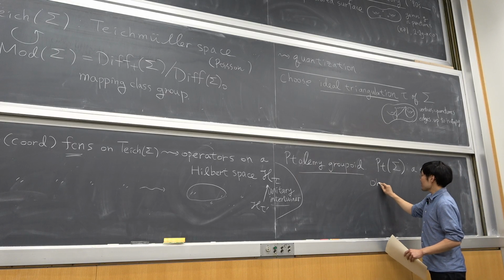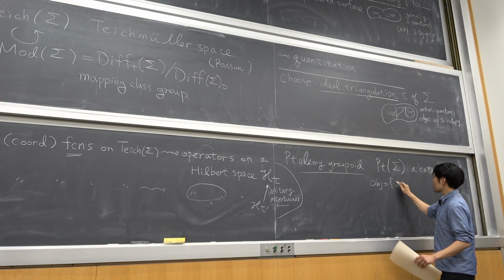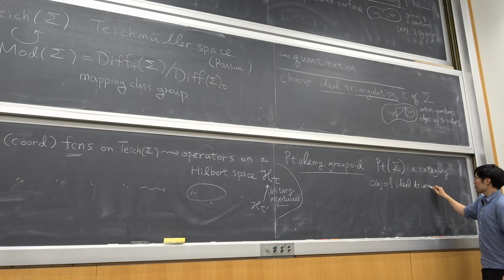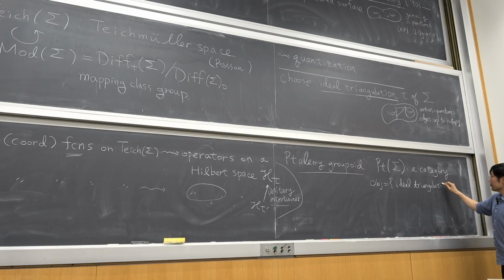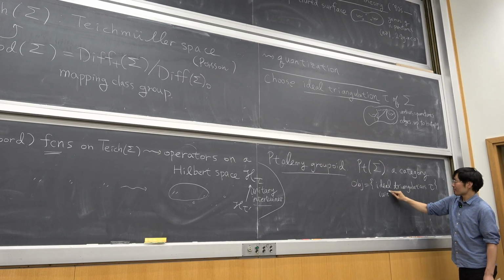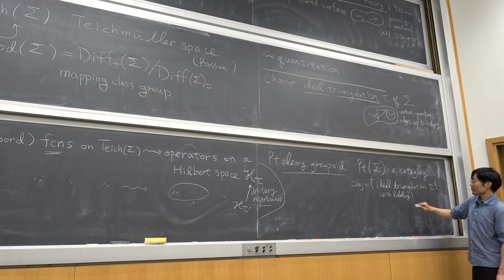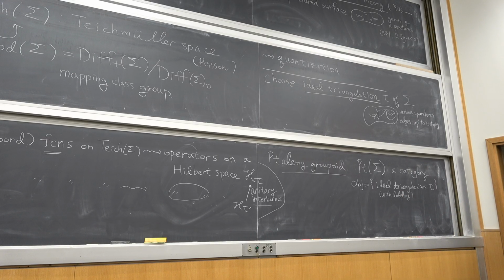The set of objects is all ideal triangulations up to isotopy, and that's an infinite set. To be more precise, you have to remember not just the ideal triangulation but also the labeling of the edges, but that's a minor issue.